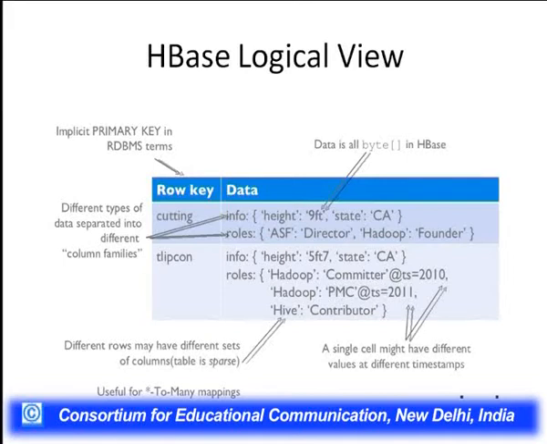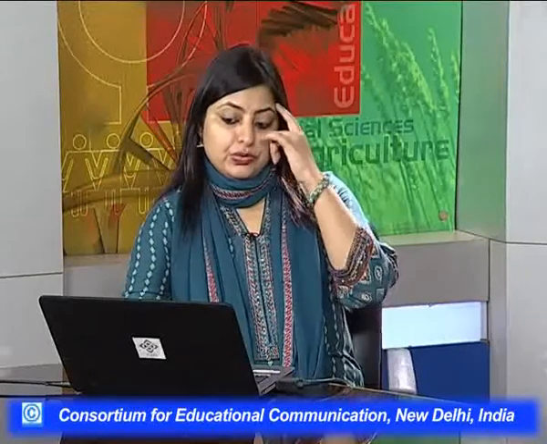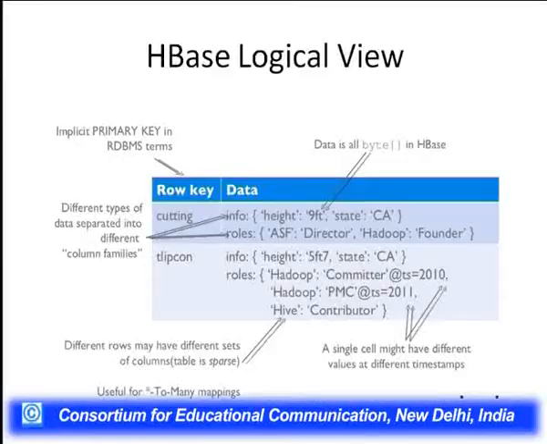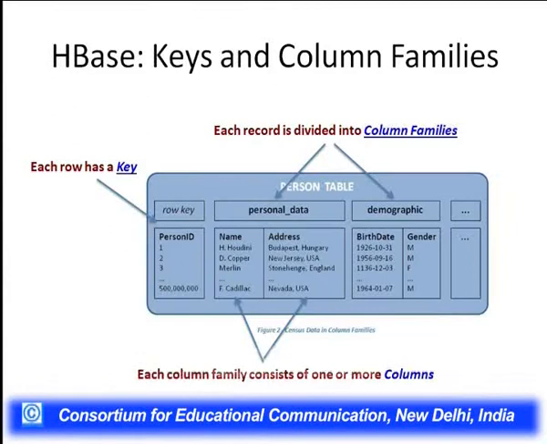Another point to be noted is that different rows can have different sets of columns. It's not necessary that every row will have a particular column. If I do not have a middle name, that entry will be left blank. So all the rows will not have a similar column structure. It can be left blank. This is the reason why we call HBase a sparse database.